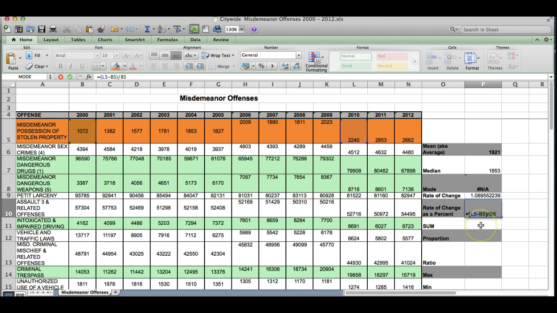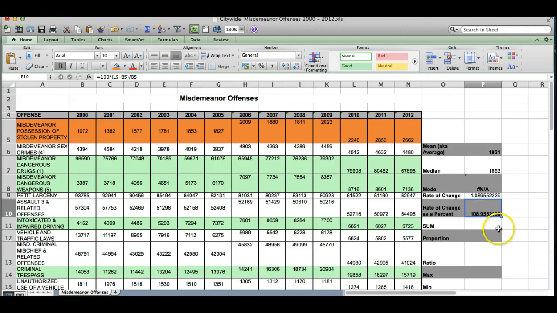Mathematically, you always want to consider where you're placing your numbers for calculation. So really, to multiply by 100, we want to multiply the numerator, not the denominator. So it wouldn't be best to put the times 100 down here in the denominator. Another thing that you can do is put the entire calculation of the rate of change within parentheses and then multiply that by 100. So one way we can look at it is like this.